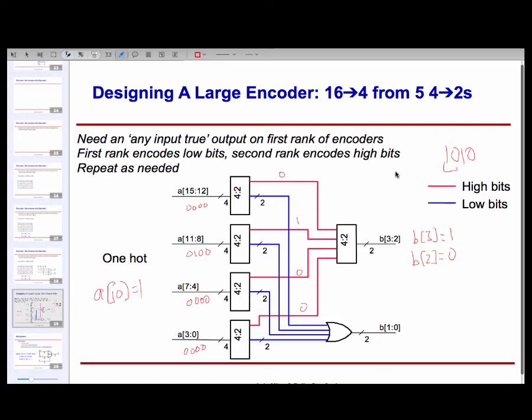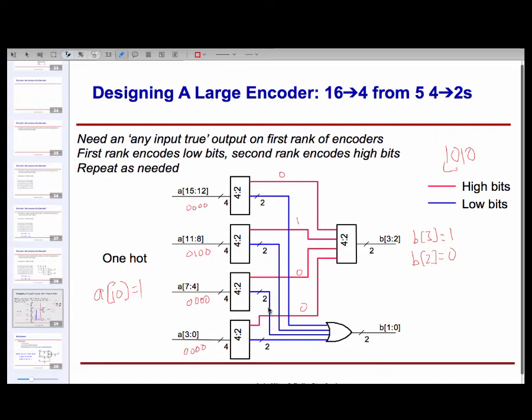Lower 2 bits are going to be decided by these blue lines, except I need the blue line for the one which is seeing the valid code. So now the other property of this encoder is the following.